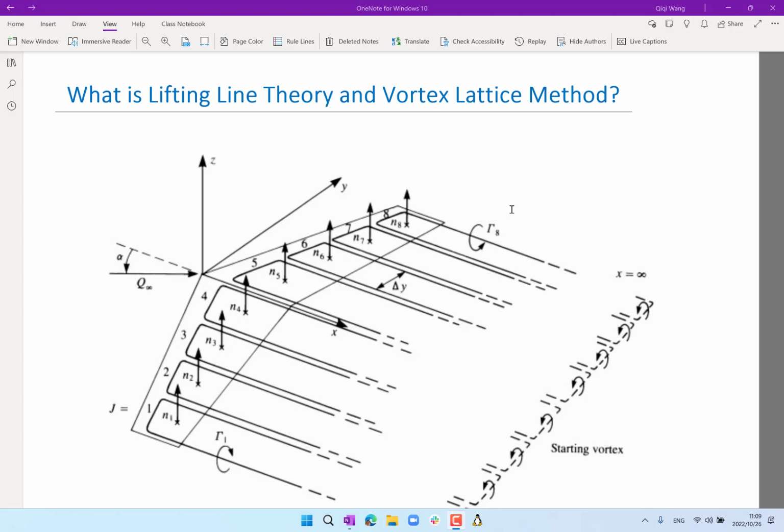So the optimization procedure can take all these different considerations into a single objective function, and the result is going to be a lot more practical than the traditional analytical method that gives you an elliptical distribution as optimal from purely aerodynamic consideration.